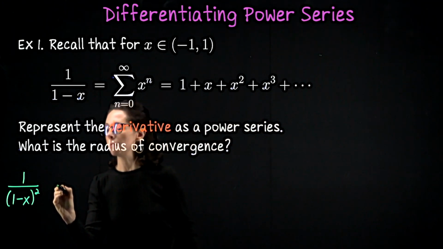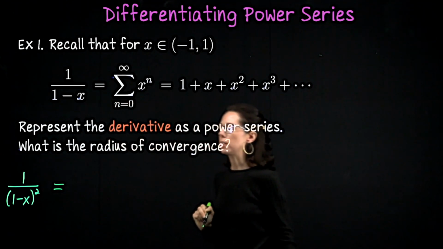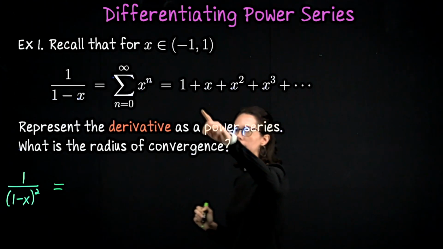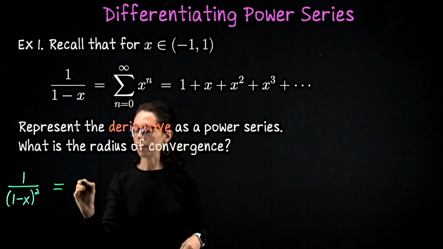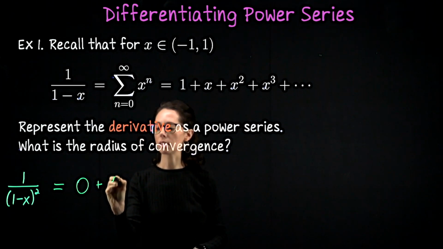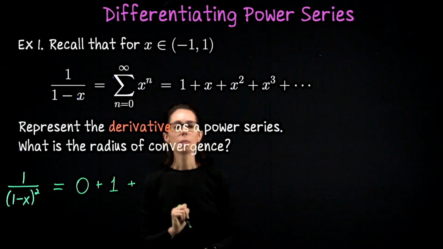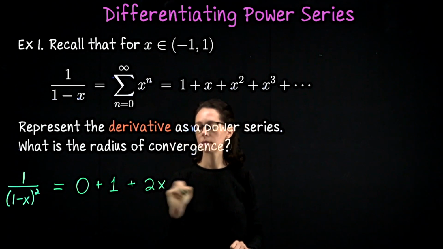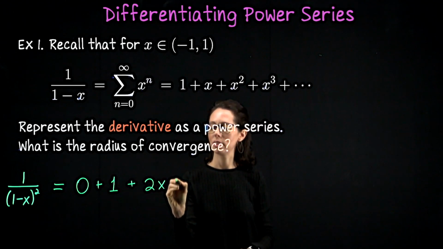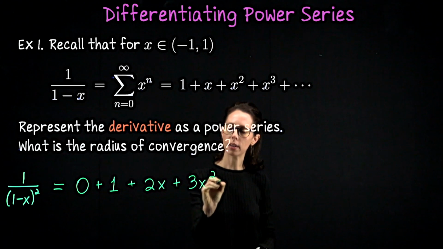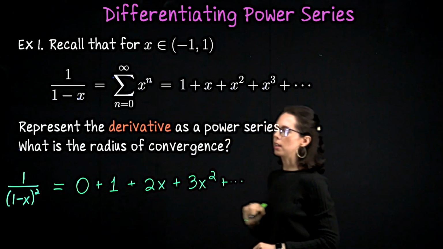So we claim that this function has a power series representation that's going to look like the derivative of 1, that's 0, plus the derivative of x, that's 1, plus the derivative of x squared, that's 2x, plus the derivative of x cubed, which is 3x squared, and on and on.